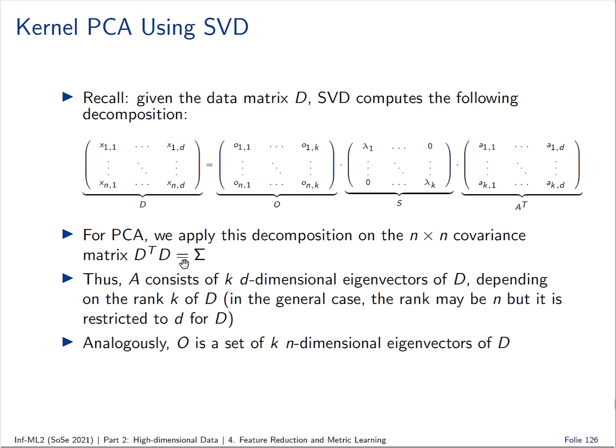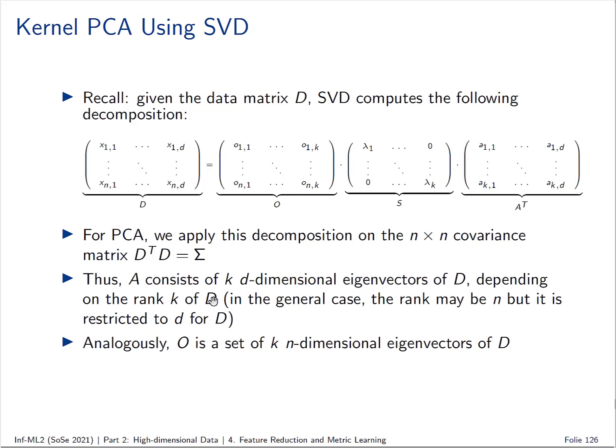If you apply that, then we saw that A actually consists of the eigenvectors of the original data set. K depends on the rank, so in the normal case we get d, but in the general case the rank may be n even. So we need to look for how many columns or rows are actually remaining after a Gauss elimination process, and that may be even n, because D is an n times d matrix.